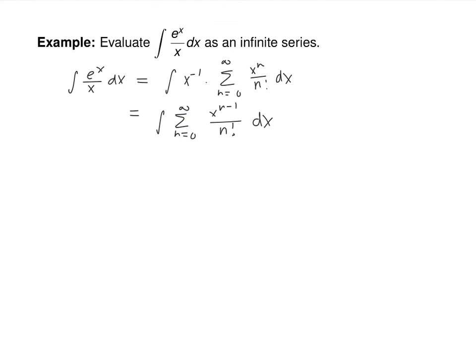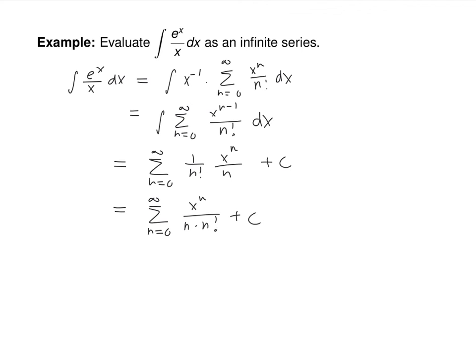And the part you integrate is the x to the n minus 1. That over n factorial is just a constant. So the antiderivative of x to the n minus 1 will be x to the n over n, plus some constant c, which we can't find. And so as an infinite series, this is a sum from n equals 0 to infinity, x to the n over n times n factorial, plus some constant c.